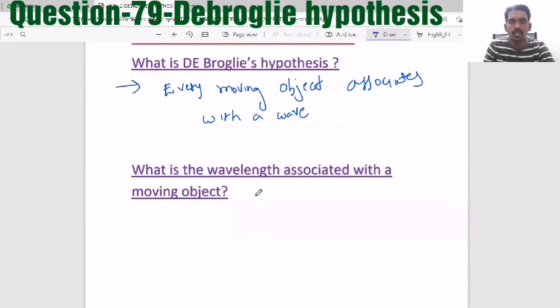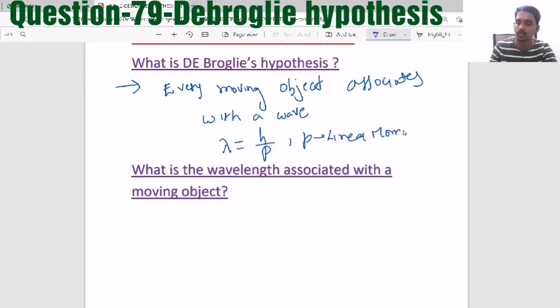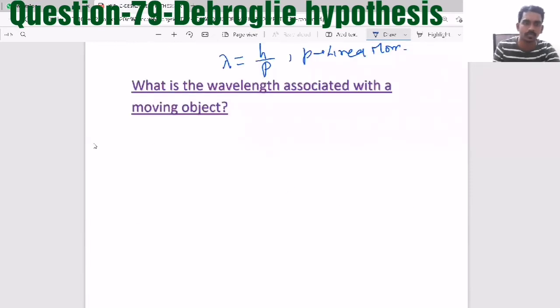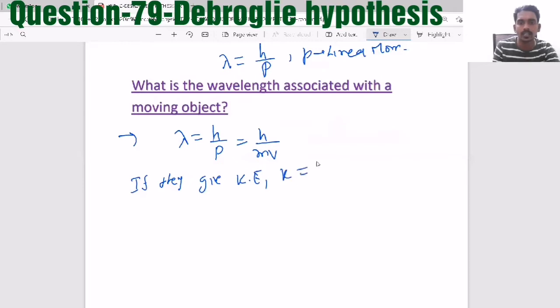And for that, he has given the equation that the wavelength of the particle is given by h by p, where p is linear momentum. Now generally, when you consider the de Broglie wavelength lambda equal to h by p or h by mv, if they give kinetic energy, then kinetic energy equal to p square by 2m implies p equal to root 2mK.